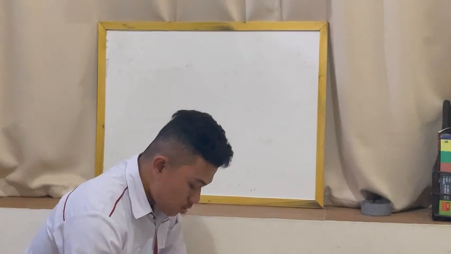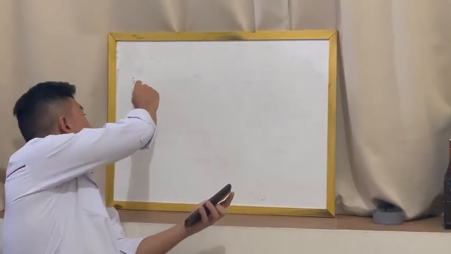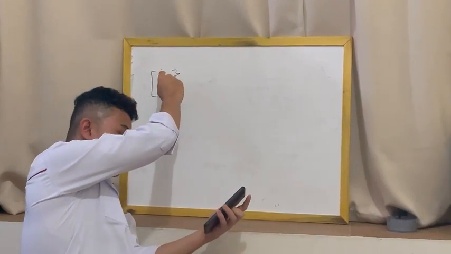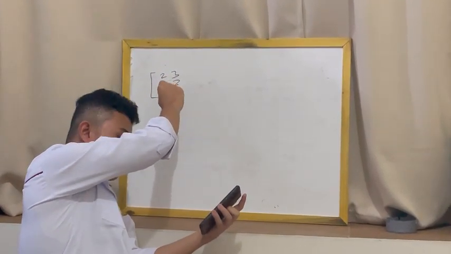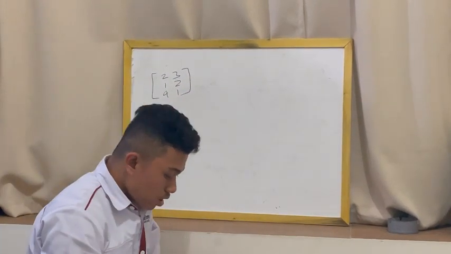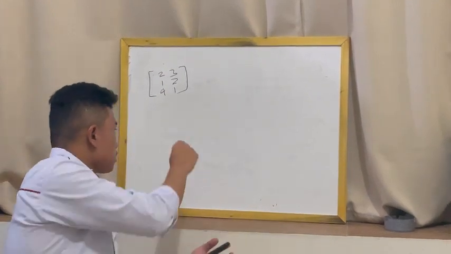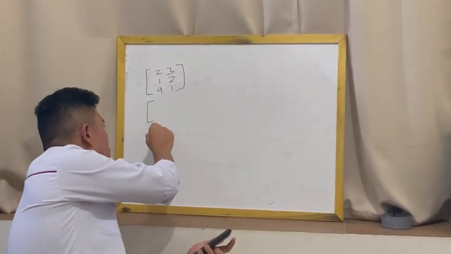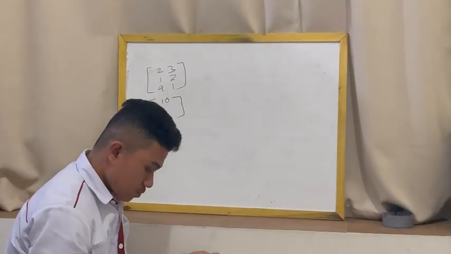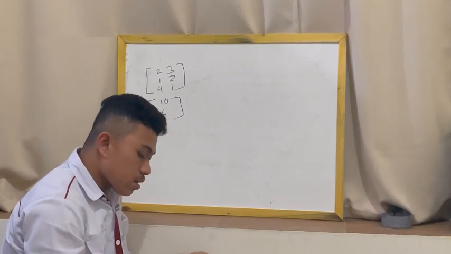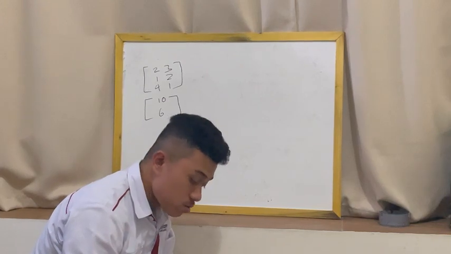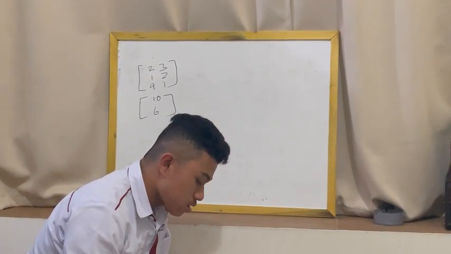This is the resource requirement matrix, and the available resource matrix is... Find the maximum number of units of each product that the company can produce without exceeding the available resource.